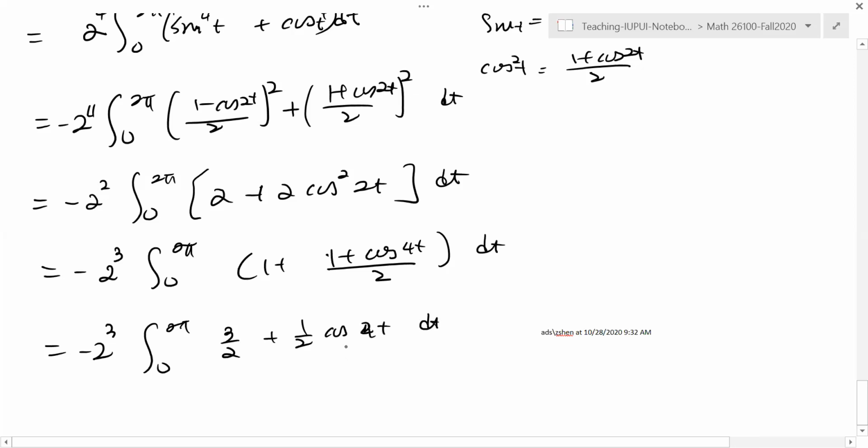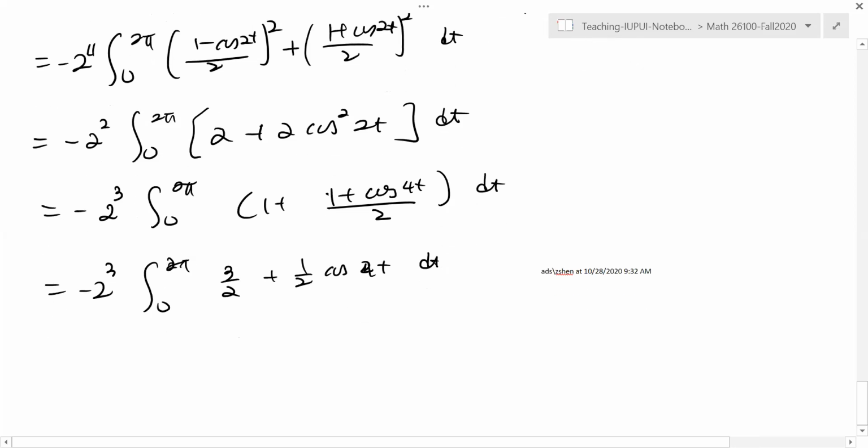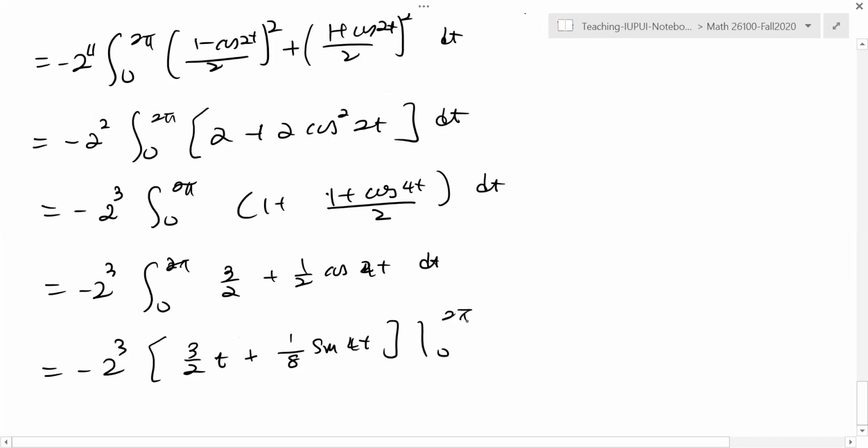But the integral of cosine 4t from 0 to 2 pi is going to be 0. You can quickly see that, but otherwise just use the antiderivative: this is 3/2 t plus 1/8 sine 4t, and evaluate at the endpoints.